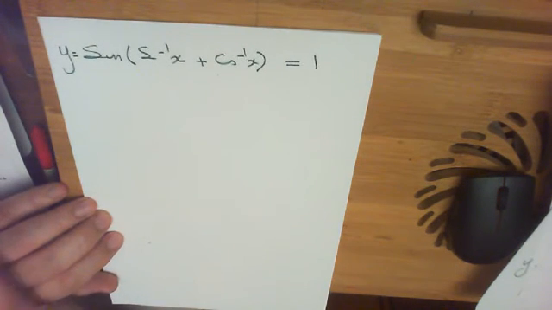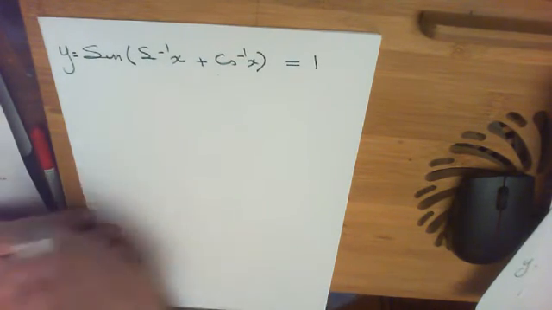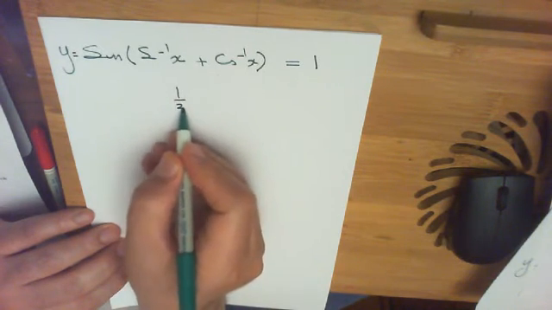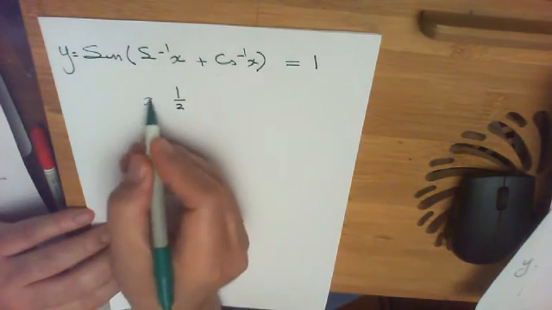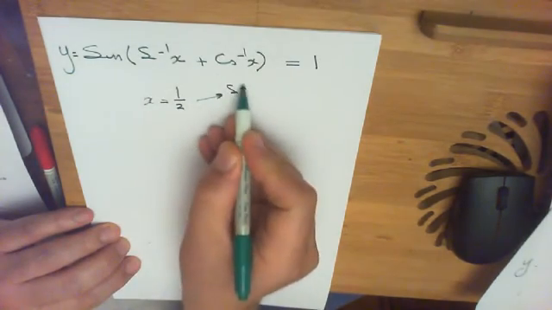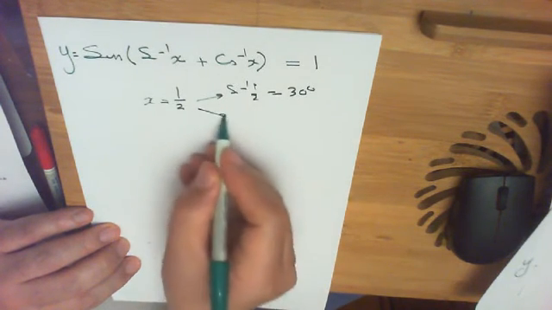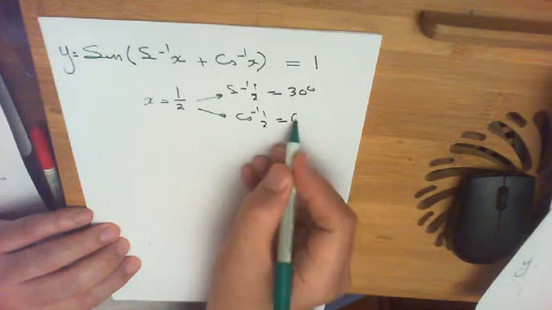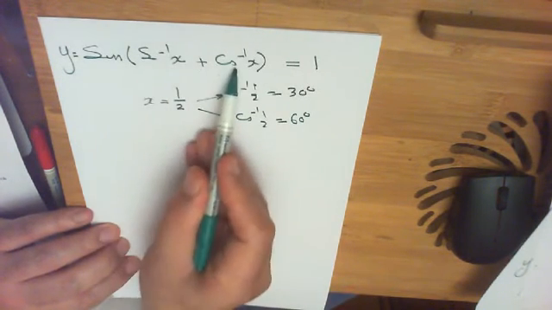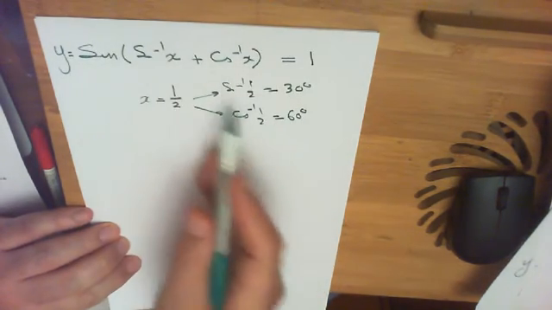Let us consider x as half. Sine minus 1 of half is 30 degrees, and cosine minus 1 of half is 60 degrees. So this will be 30 degrees plus 60 degrees, which is 90 degrees.